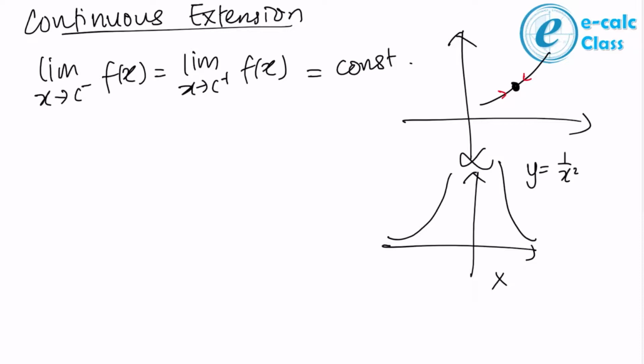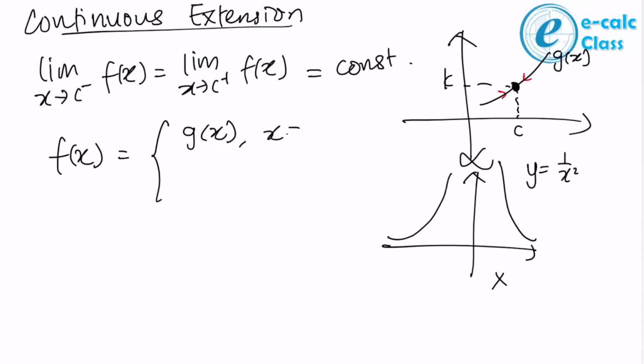So how you do the continuous extension is that you purposely define that at this point it is equal to that. For example, if it's c and then k, then I say f(x) equals, maybe the original graph is g(x) when x is not c, and I purposely tell you that it is equal to k when x equals c.